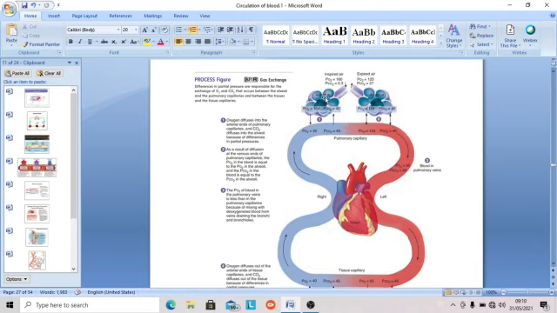Now the same thing, if you see all the partial pressures in the pulmonary artery, PCO2 is 45, PO2 is 40 or more. Yeah, it is written here 40, maybe more also, but PCO2 is 45, 46. That is inside the capillary. Inside the alveolus, PO2 is 104, PCO2 is 40.